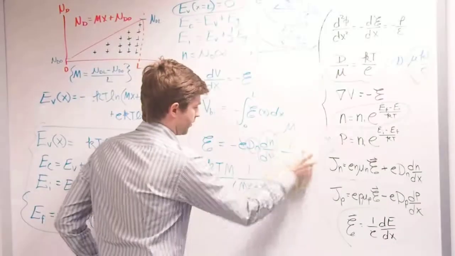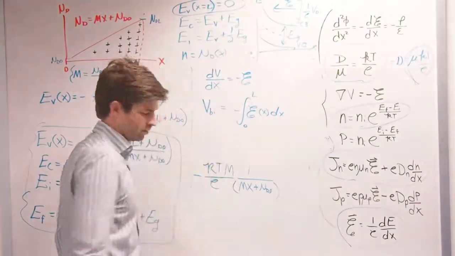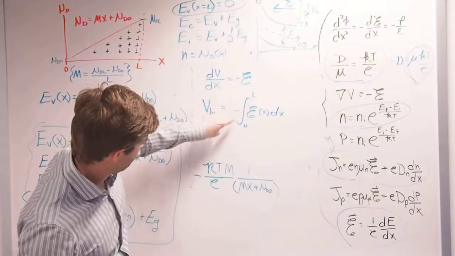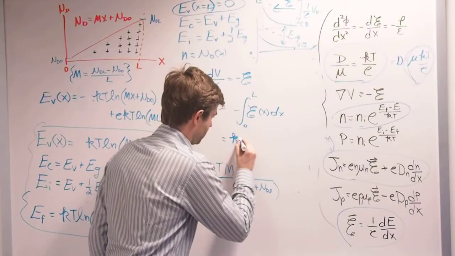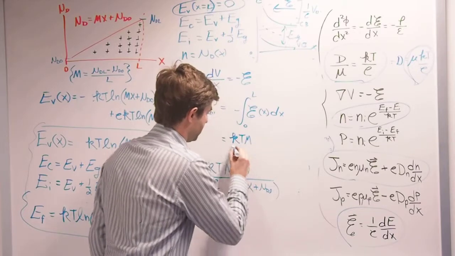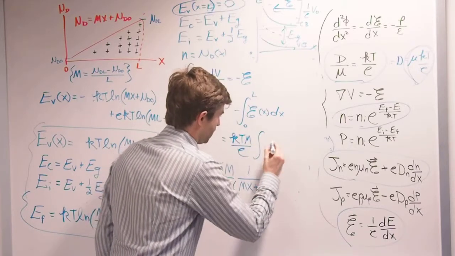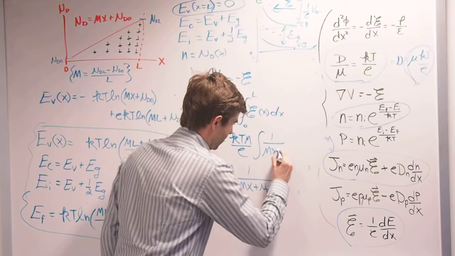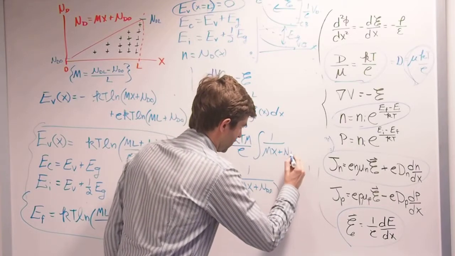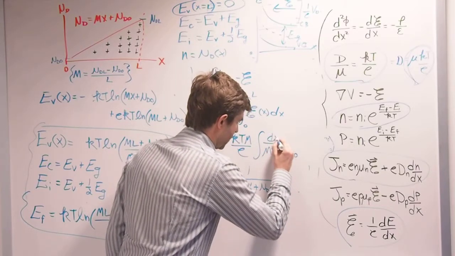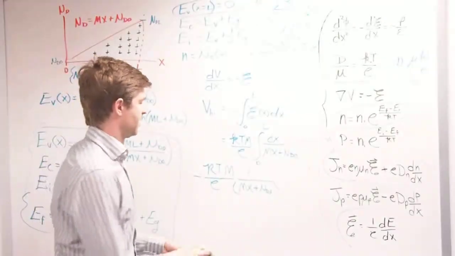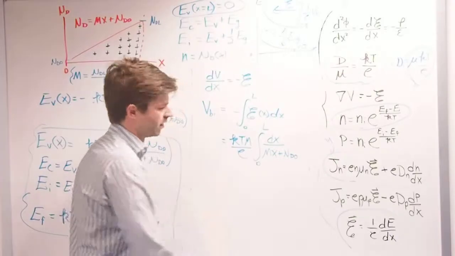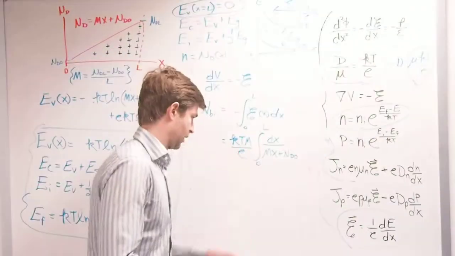So we plug that in here. Working backwards, negative negative becomes a positive. So this becomes kTm over e times the integral of 1 over mx plus n d naught dx from 0 to L. This will give us our built-in potential across the entire semiconductor from 0 to L with this non-uniform doping.